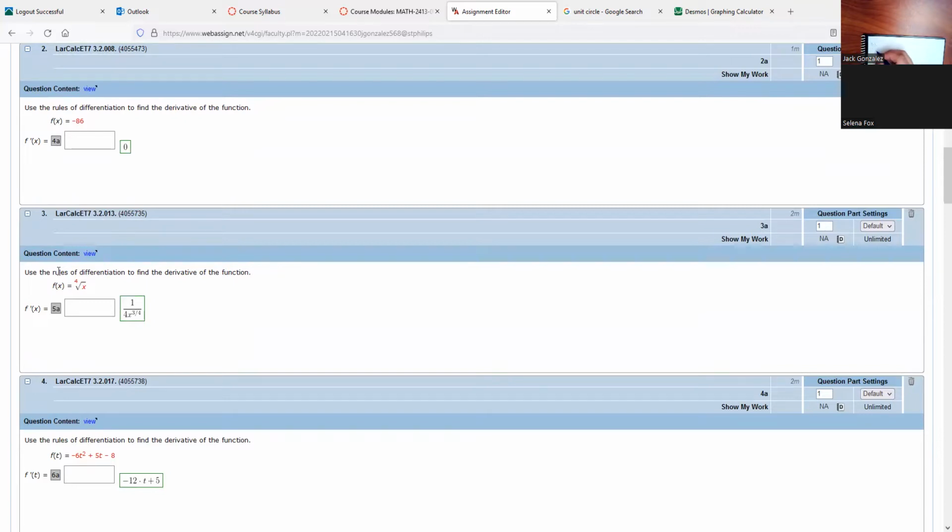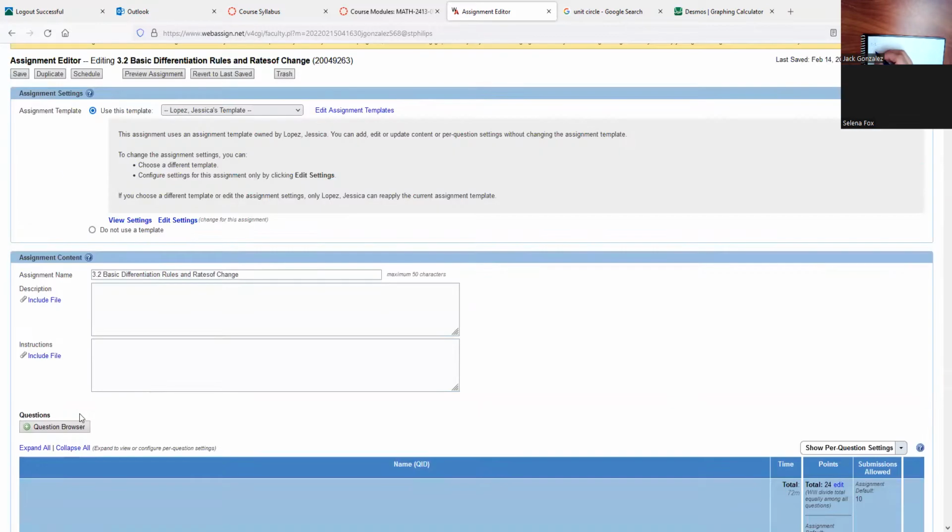3.2. What is this section called? I don't even know what this is anymore. Basic differentiation and rates of change.